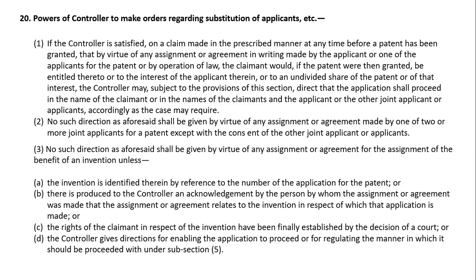Okay, so what is the crux of Section 20? First, it says that before the grant of the application, you can apply for the substitution of the applicant by the assignment of the agreement.